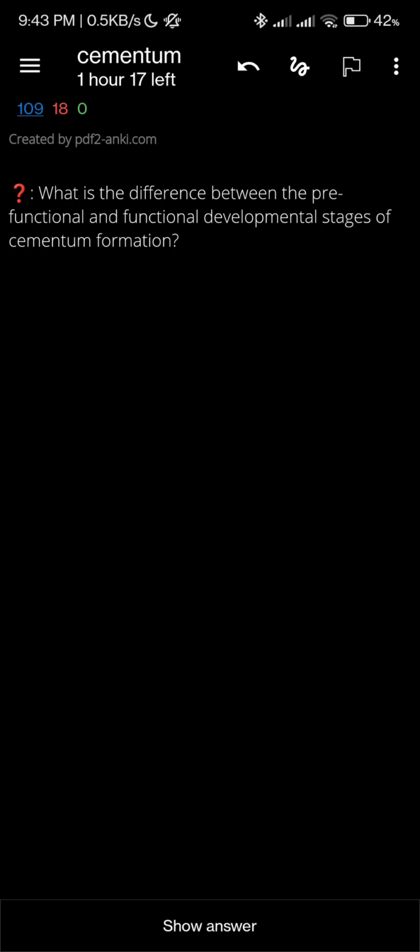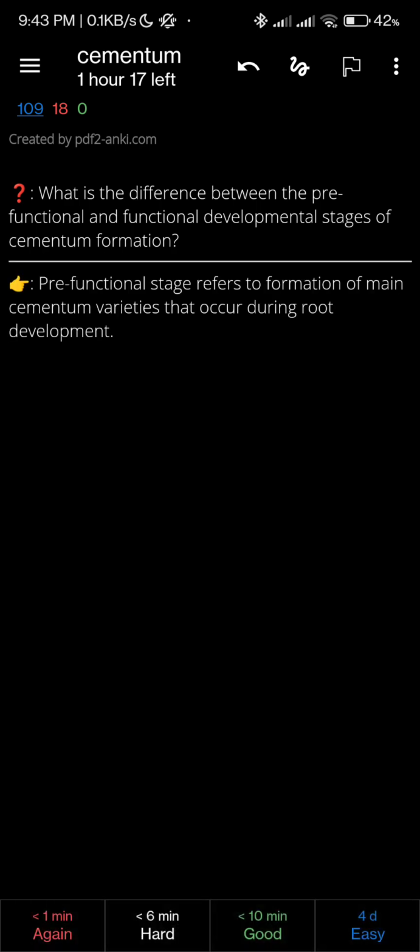During the pre-functional stage, the major varieties of cementum are formed, which occurs during root development. So the pre-functional stage involves the formation of the main cementum varieties during root development.